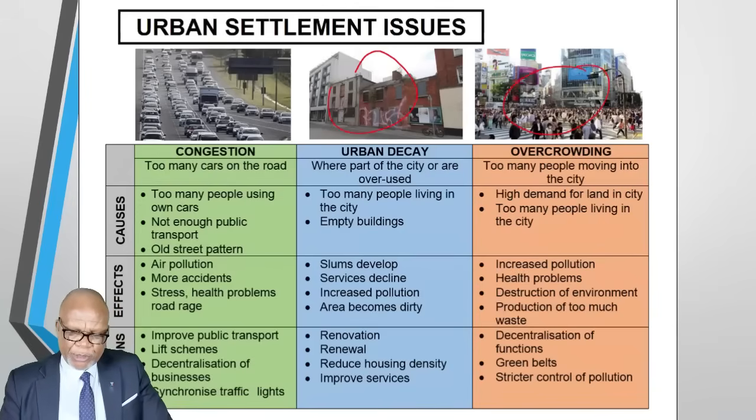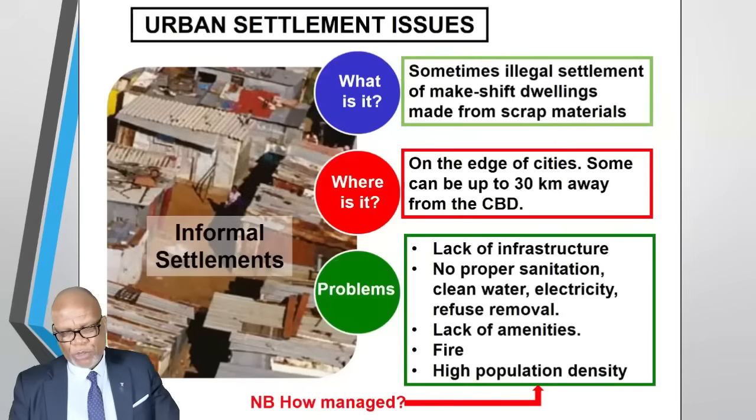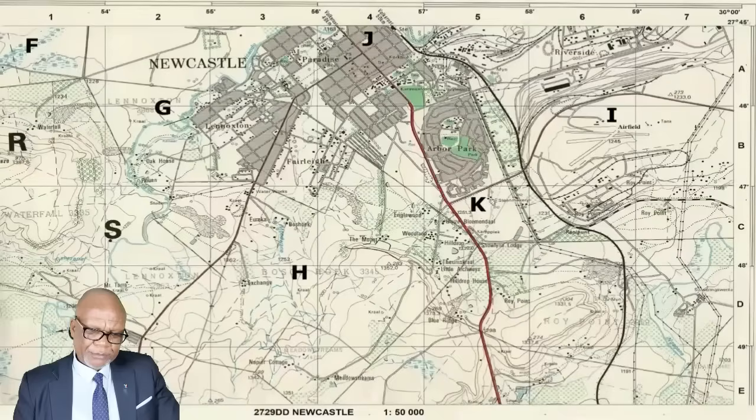So what you need to do, you need to know the causes of those urban issues, how they affect people, and what the possible solutions are. And now informal settlement also can be called a residential area and can also be called an urban issue. And what are the people experiencing in those urban areas, in those informal settlements?